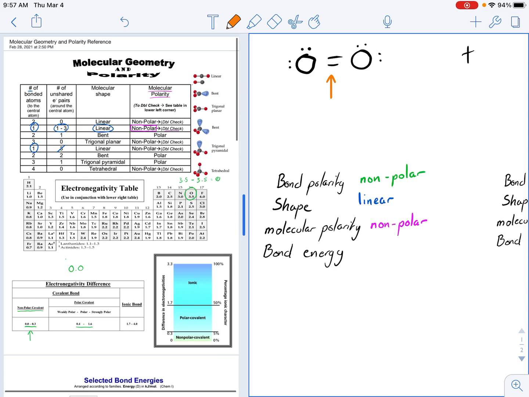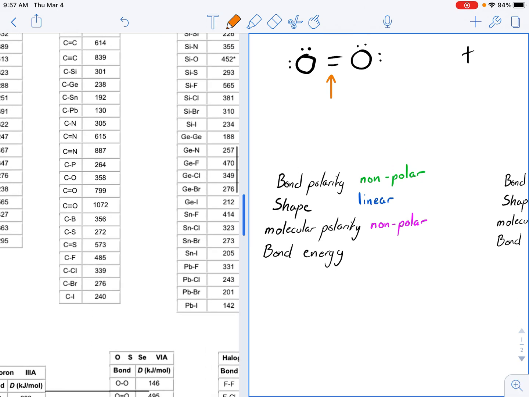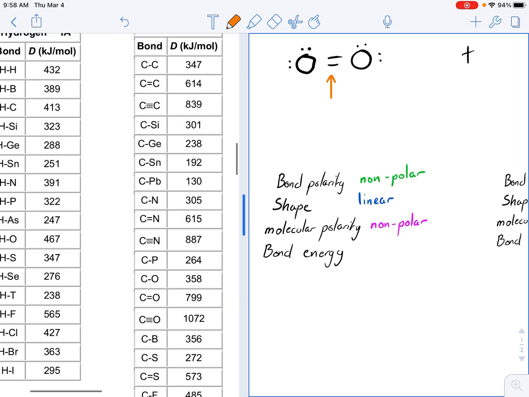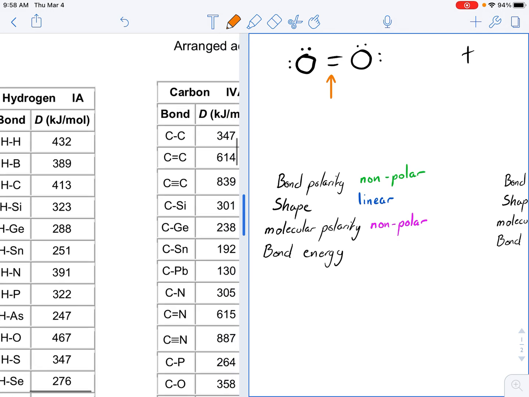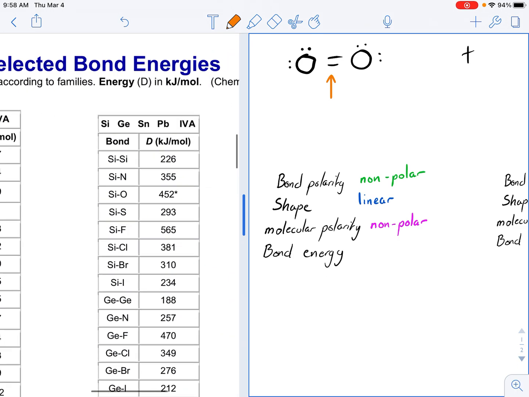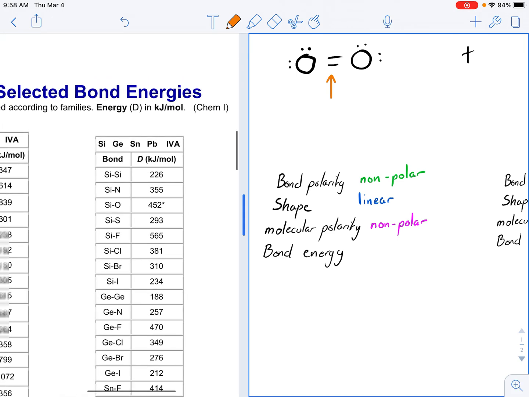So what I'm going to do is go down to my page that says bond energies, and I'm going to look for where oxygen is. So that's hydrogen in the first column. It's carbon in the second one. Silicon, germanium, tin, lead, not that one.